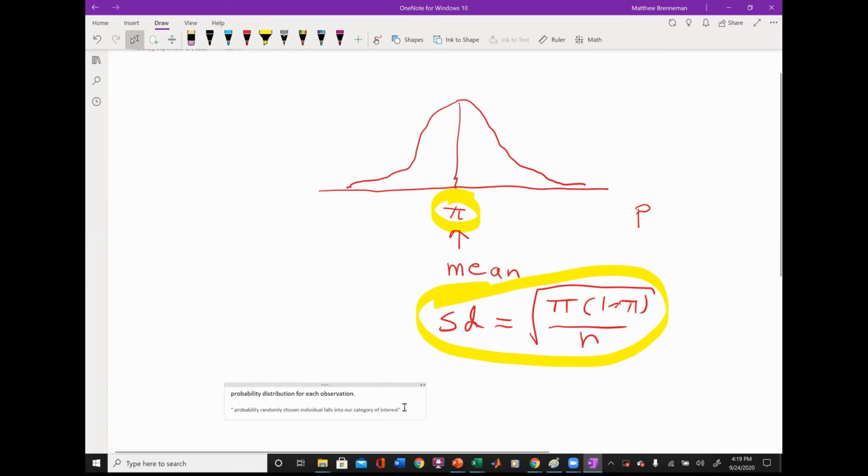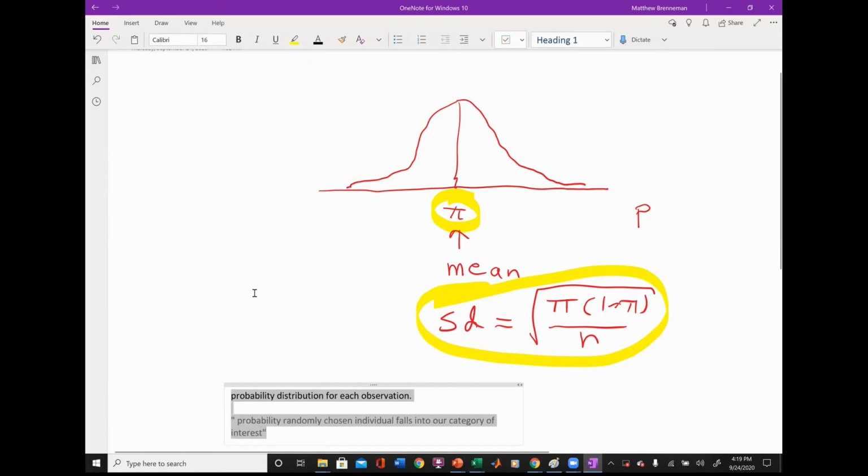And for us, in our problem, category of interest is that they get relief. Okay, so that's what that problem is asking.